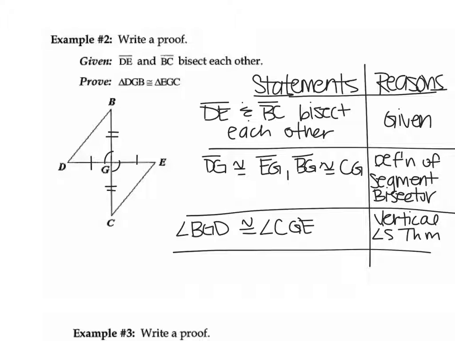If I look, I now have two sides and their included angle congruent, which means triangle DGB is congruent to triangle EGC by side, angle, side.